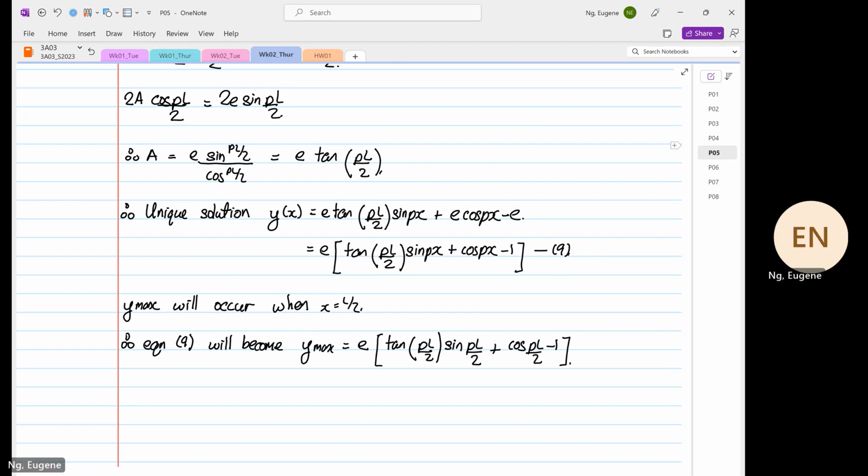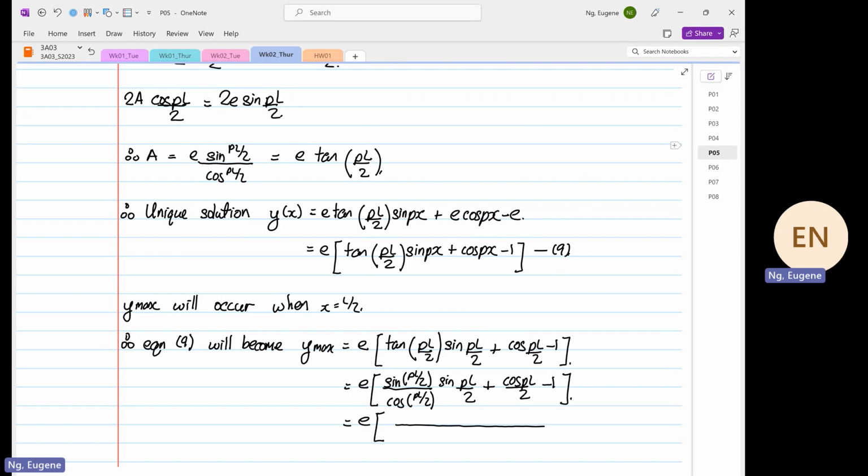Okay. So if we were to rearrange this a bit, we will have E sine pL over 2 divided by cos pL over 2 times sine pL over 2 plus cos pL over 2 minus E, right? So we realize that when we do this, this will be equal to E, right? I'm going to make a common denominator.